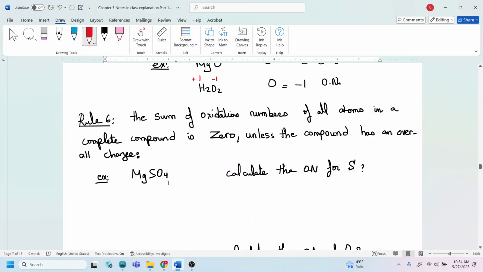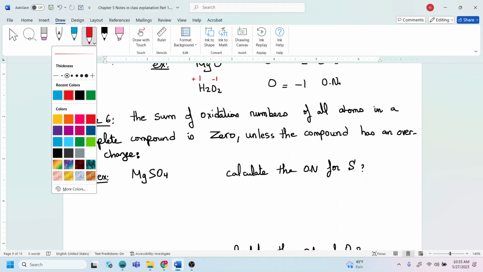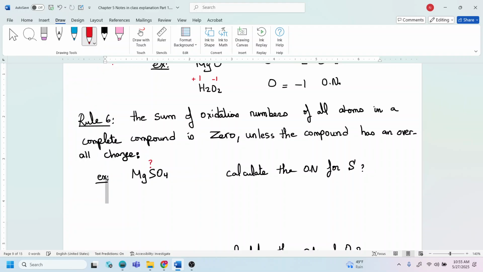For example, magnesium sulfate. Here I have an example of magnesium sulfate, and I'm asked to calculate the oxidation number of sulfur. Sulfur is one atom in magnesium sulfate. This is how I do it. I don't know the oxidation state of sulfur, so that's an unknown for me.